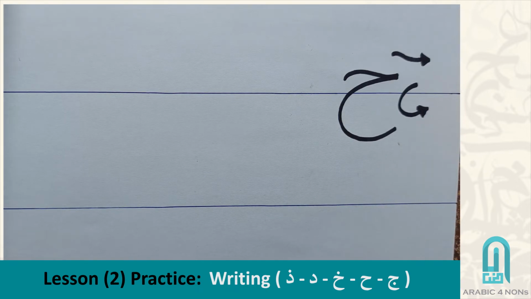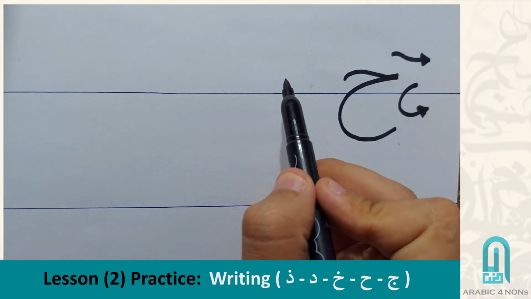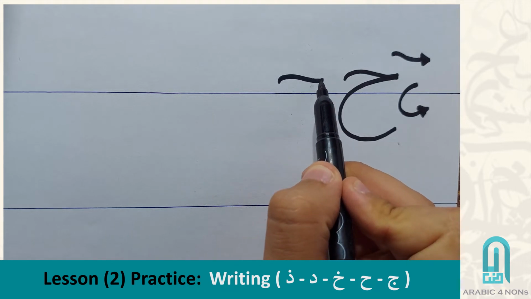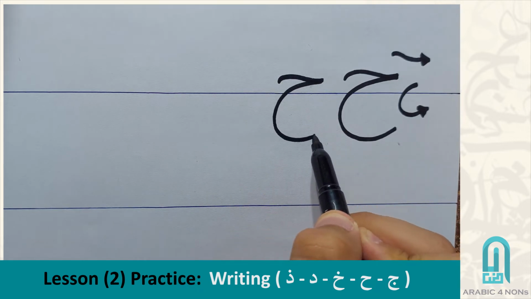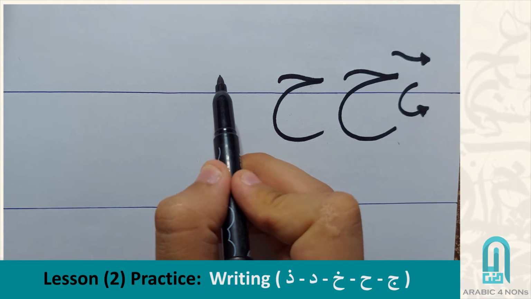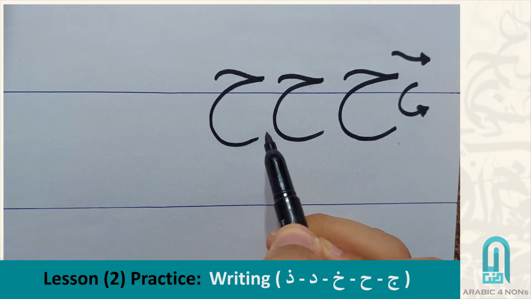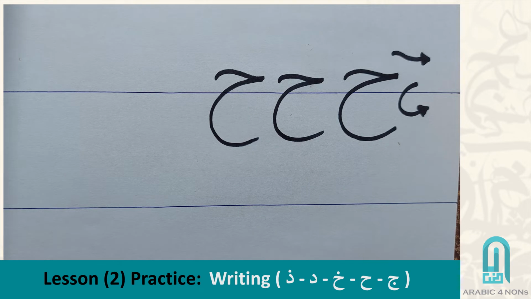The other two letters in this group have the same shape. A little up the line, a curve to the right, a curve to the left and below. What is the difference again? Yes, the difference is in the number of dots.